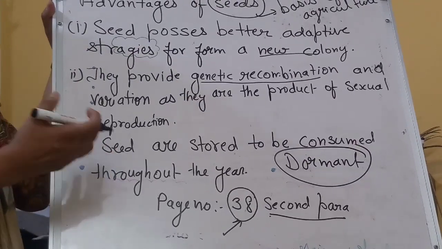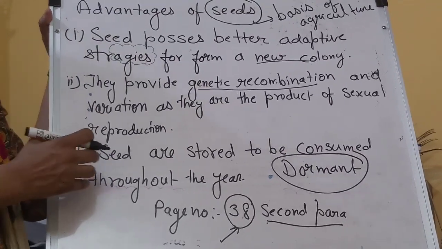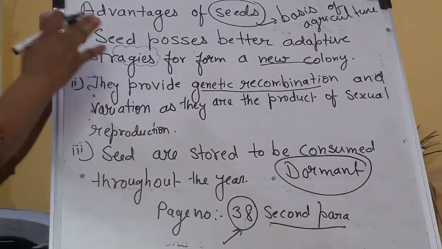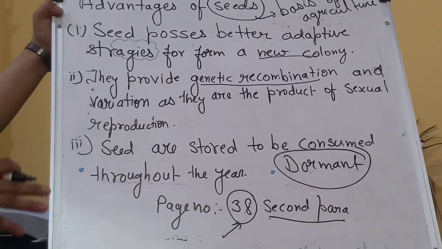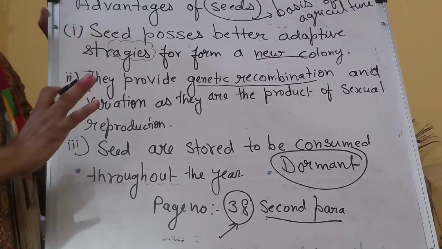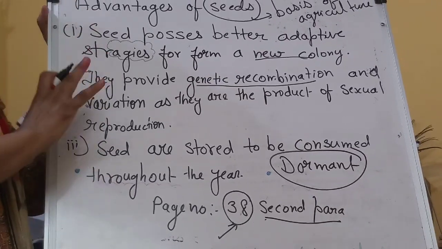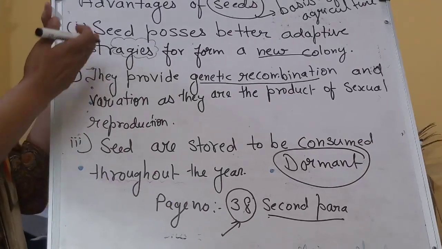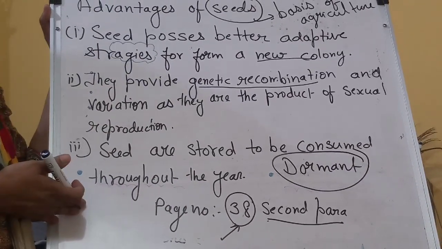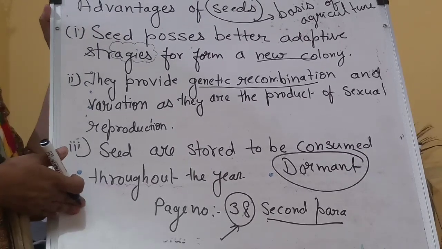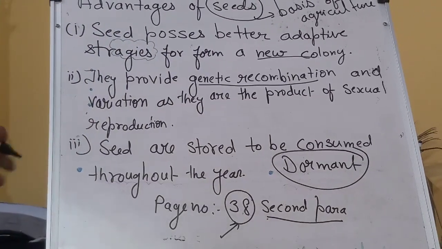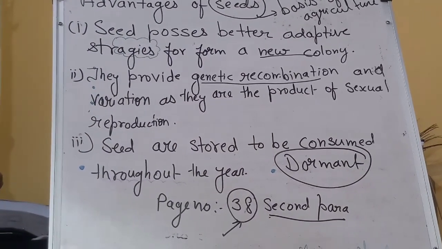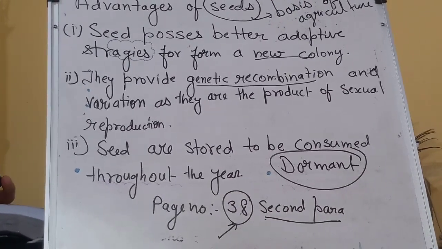Whenever the seed gets favorable conditions, it will germinate. You can make your own points related to the advantages of seeds. Just refer to page number 38 once, and note down these 3 points: the basis of agriculture, storage purpose, and forming a new colony and strategy.